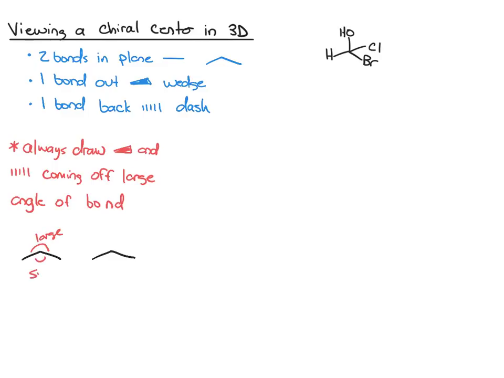Here's the small angle. Never draw these groups in the small angle of the bond. If you draw it like that and like that, that's wrong. What's correct is to take them and draw them from the large angle of the bond.